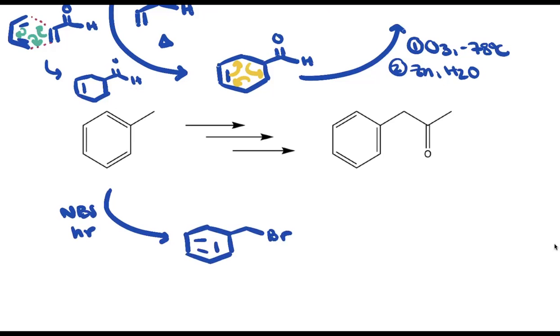Okay, notice that here at some point we have to add in our 2 extra carbons. And we can go ahead and do that by adding acetylide, as we usually have.